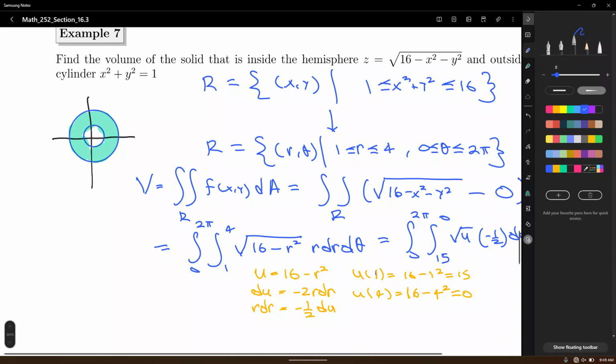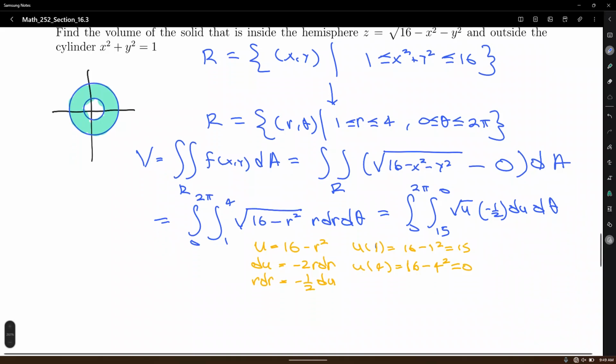Okay, so I'm going to take out the 1/2, 0 to 2 pi, and I'm going to change the order of the limits to 0 to 15, provided I use the negative and change it to a positive. So that'll be u to the 1/2 du d theta.